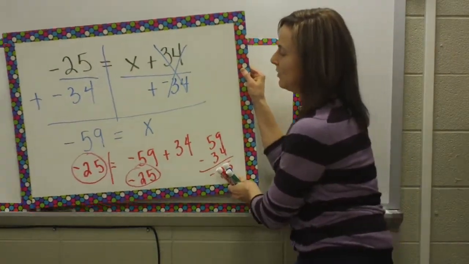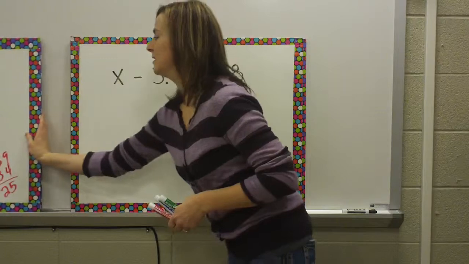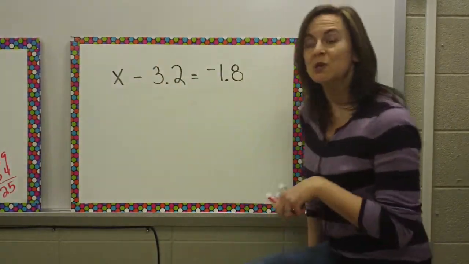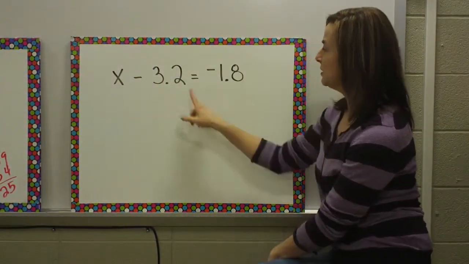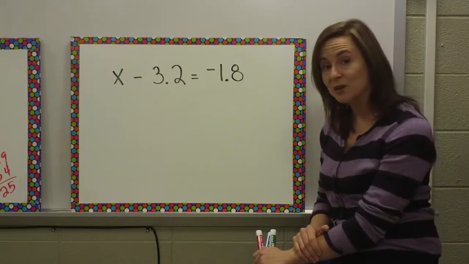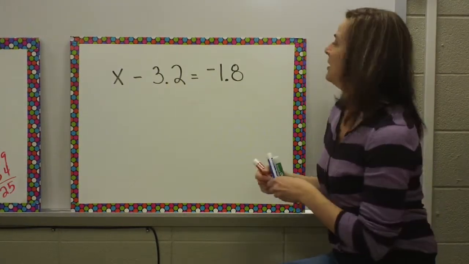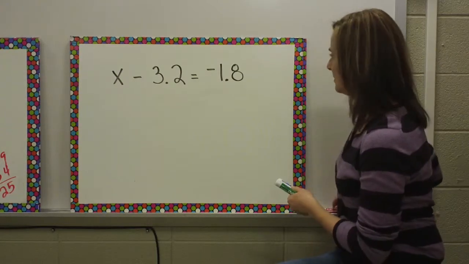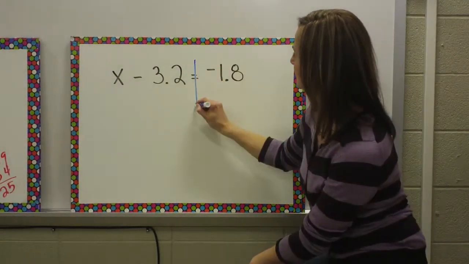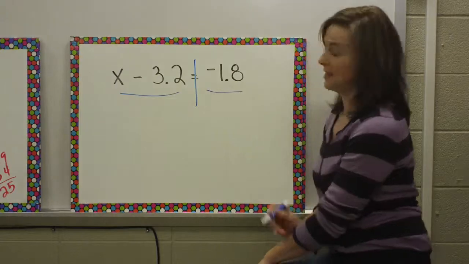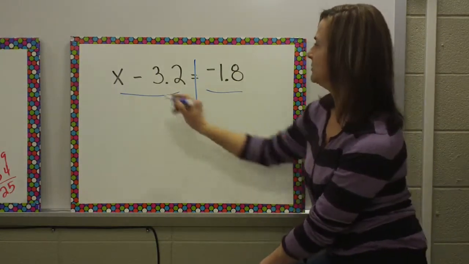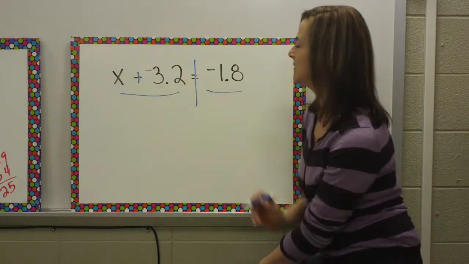Now, you are also going to be dealing with rational numbers. So in some of your equations, you are going to see decimals and you're going to see fractions. The same rules apply. I'm going to start by creating my balance. This side needs to equal this side. Then I'm going to use KFC to rewrite.